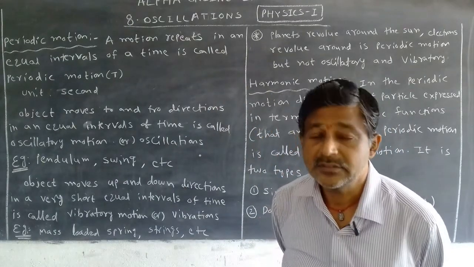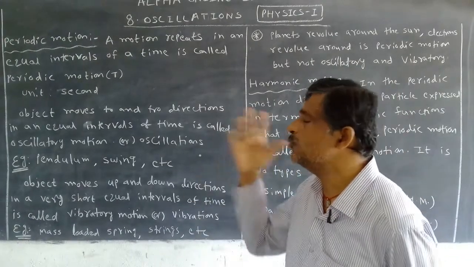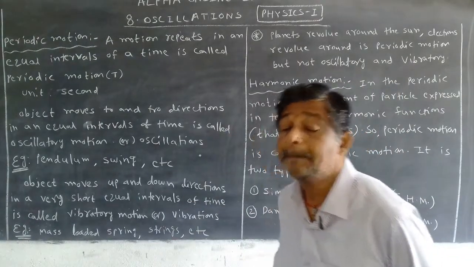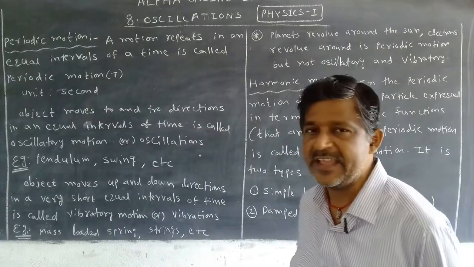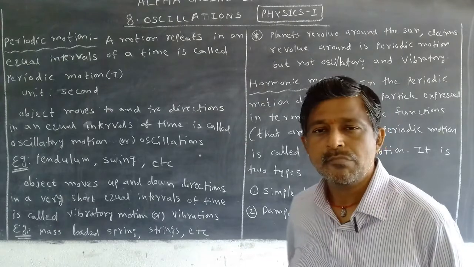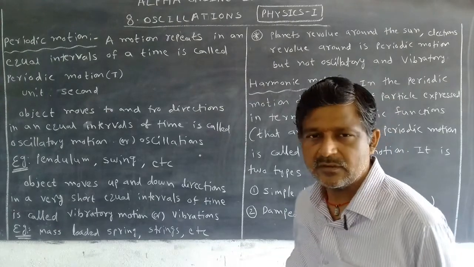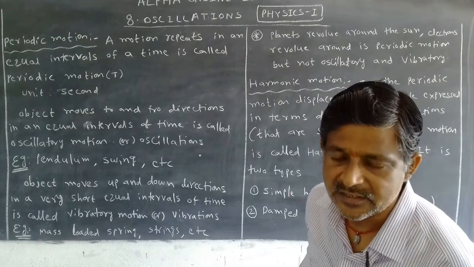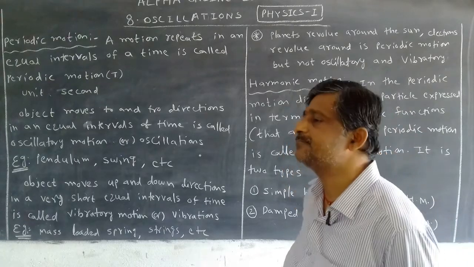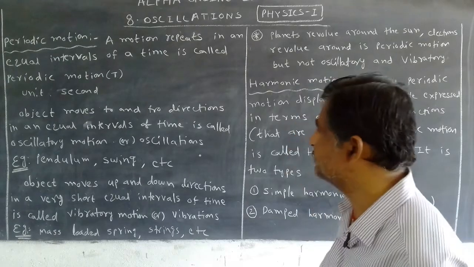Now, the third type of motion is periodic motion. In the 8th chapter, that is oscillations, in our first year syllabus, we will discuss all the topics under periodic motion. Now, what is the definition of periodic motion?